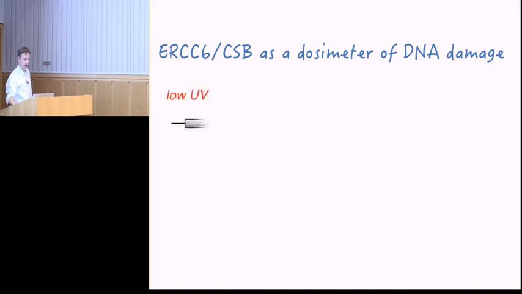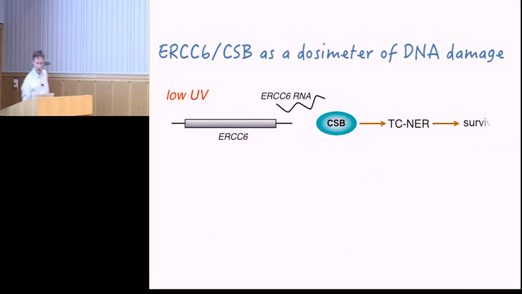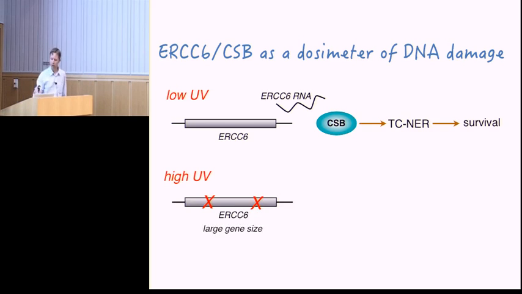So under low stress, so low UV doses, the gene, which is very large, is mostly undamaged. It can produce the RNA, make the protein, and you can survive. But if the dose is higher, since the gene is fairly large, it's actually 3 times the size of the average gene in the genome, it becomes a target for inactivation.